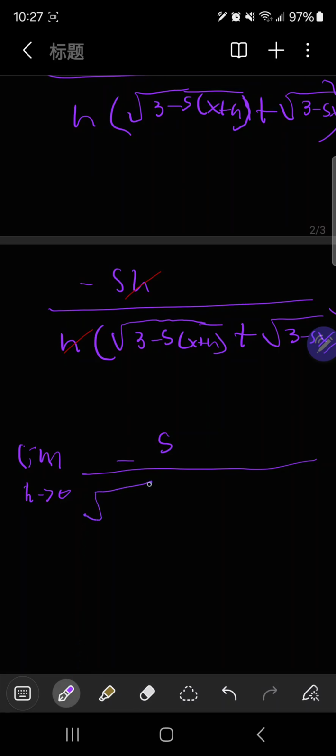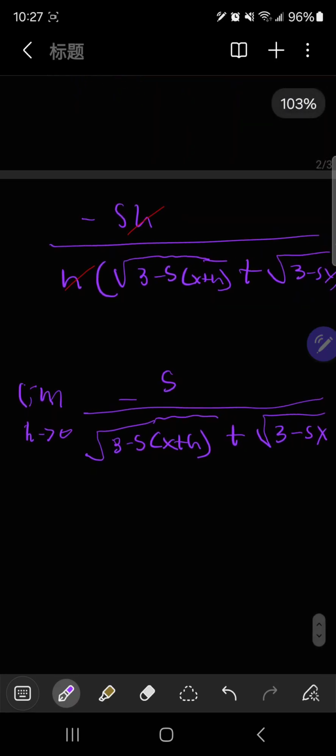It still makes sense. 3 minus 5 x plus h. Okay. Make sure it's all like that. Plus root 3 minus 5x. Okay. Hopefully that kind of makes sense.